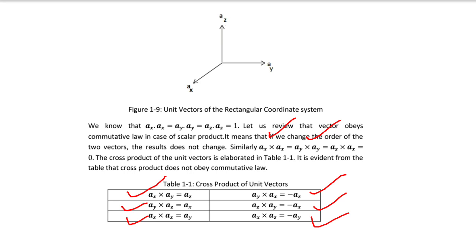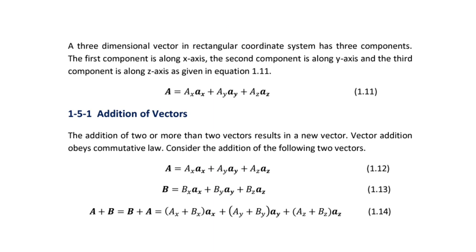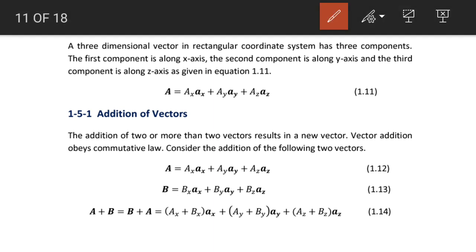If we have a three-dimensional vector in a rectangular coordinate system, there will be three components of it: a component along the x-axis, a component along the y-axis, and a component along the z-axis.